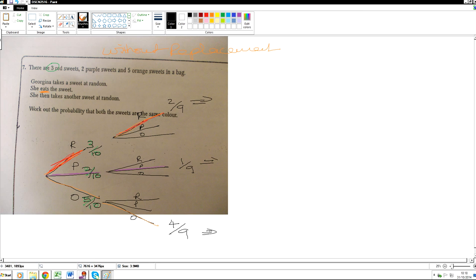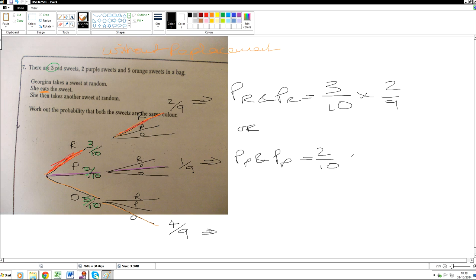So what we're going to do, it's going to be either the probability of a red and a red, which is equal to 3/10 times 2/9, or the probability of a purple and a purple, which is equal to 2/10 times 1/9, or the probability of an orange and an orange, which will be 5 over 10 times 4 over 9.